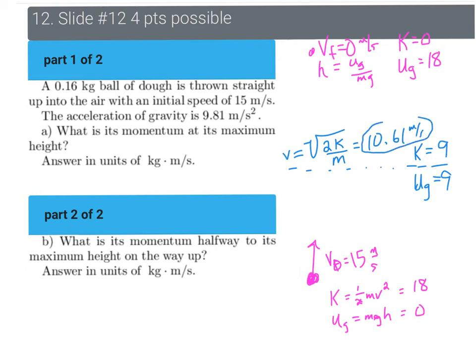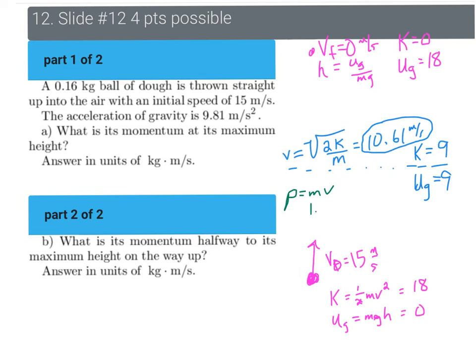That's not our answer. That is the velocity. What the question's asking for is the momentum halfway up. So our momentum halfway up, let's change to a different color. Momentum is mass times the velocity, and we're using the velocity halfway up.